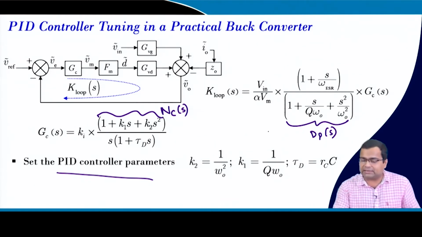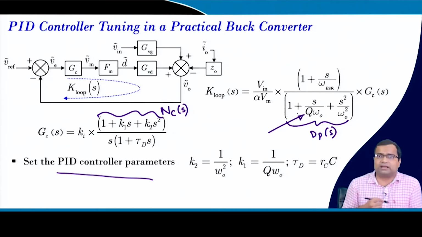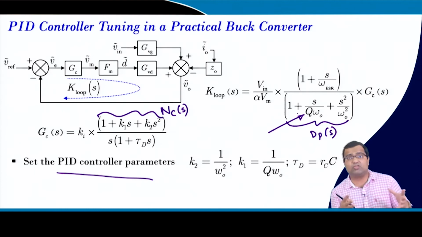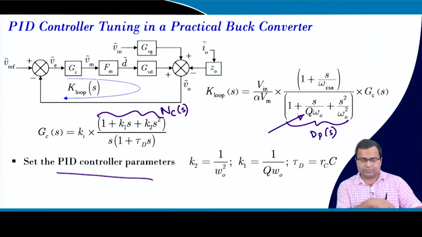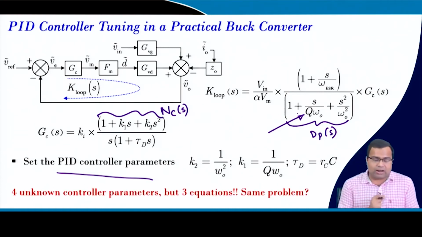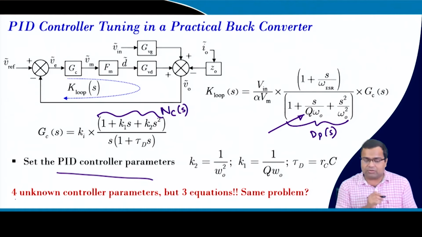But again, it is a non-robust choice because the Q is a function of resistance, and which may not be a robust solution, and that we will discuss in the next lecture. So, now if you set it, then we have 4 unknowns. What are the unknowns?